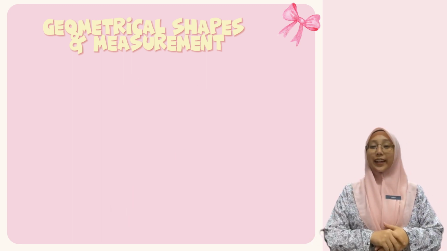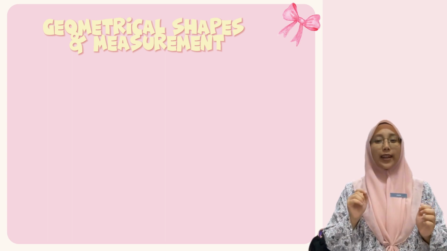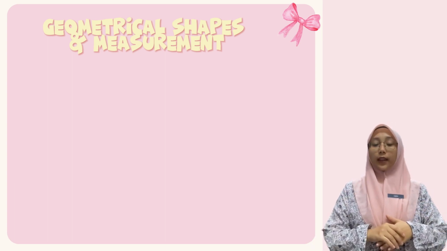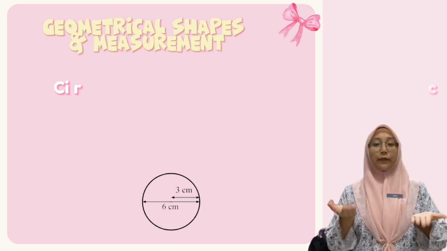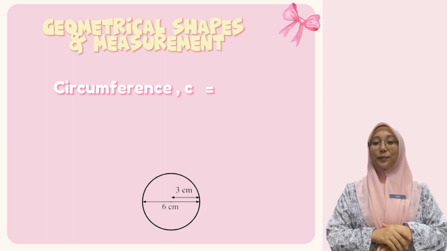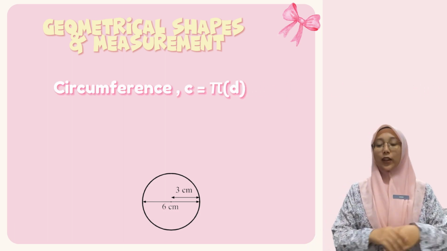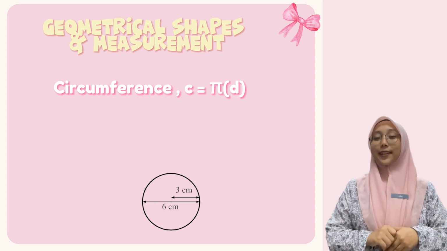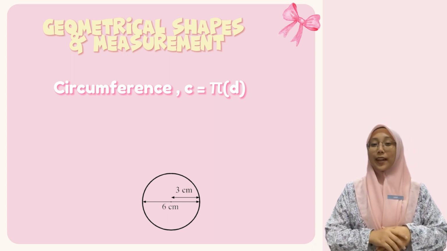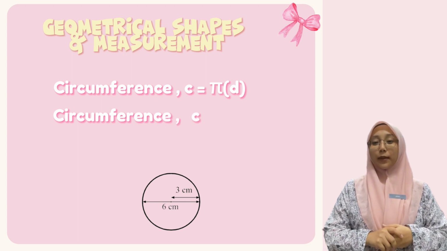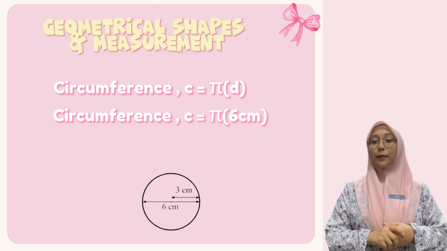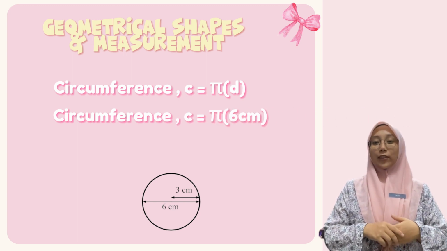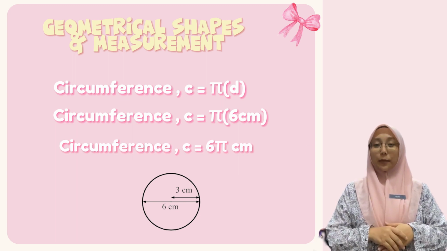Next, we can calculate the perimeter, or we can say the circumference, of the circle by using the formula C equal to pi times D, where D is the diameter of the circle. Then we substitute the value of the diameter, which is 6 cm, times pi, and the answer is equal to 6 pi cm.